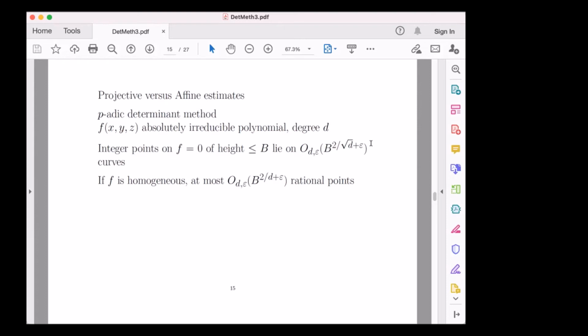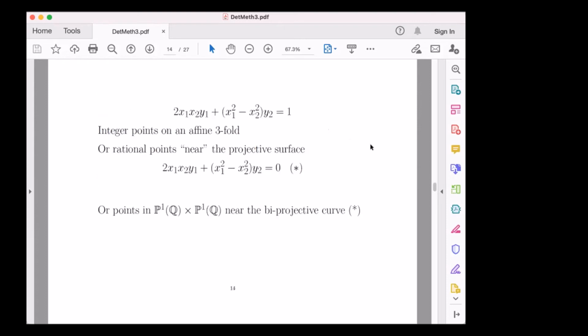And indeed, going back to the previous slide, regarding this as an affine threefold would give a very weak result. Regarding this, well, if you could count points on the projective surface, that would give a much better result. And indeed, probably using something biprojective would give something even better.